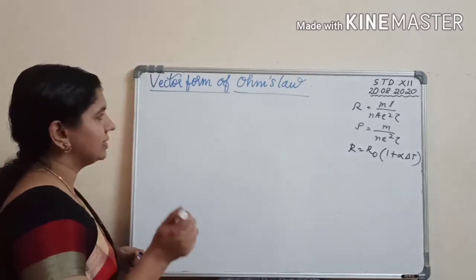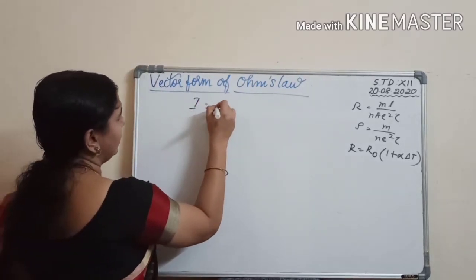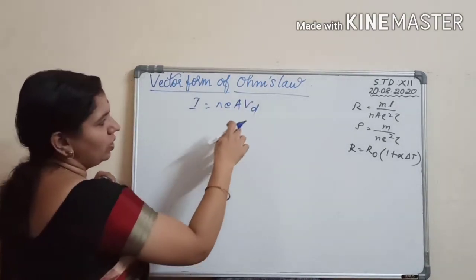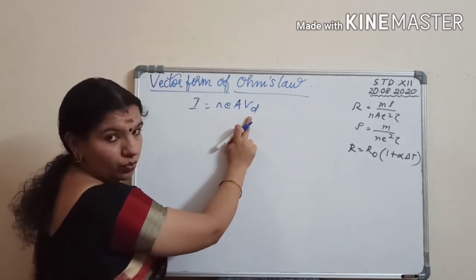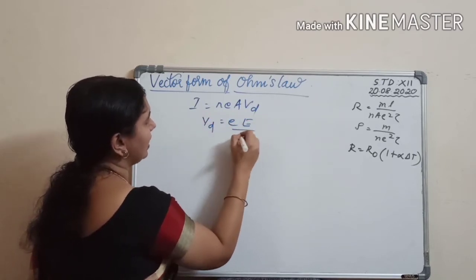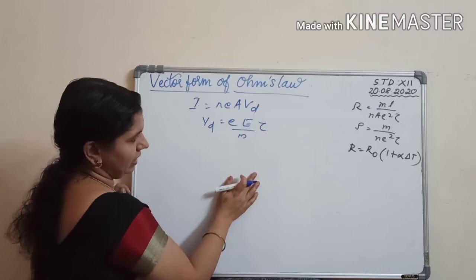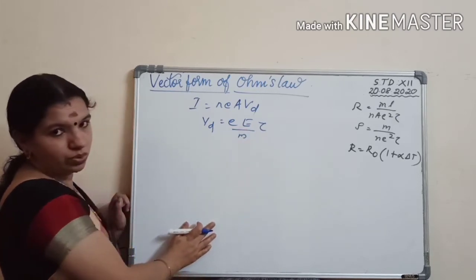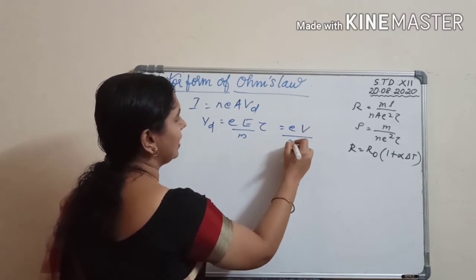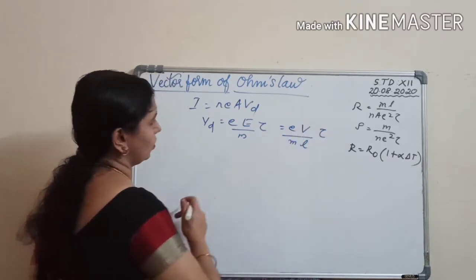We start with I equal to n e A Vd. Now writing the expression for Vd, you have Vd equal to E by m into tau, or V by m L into tau.